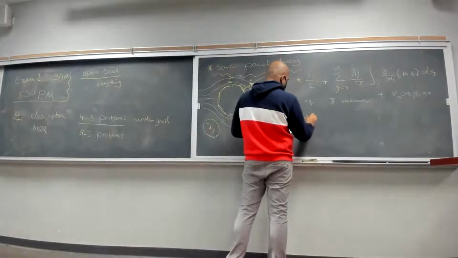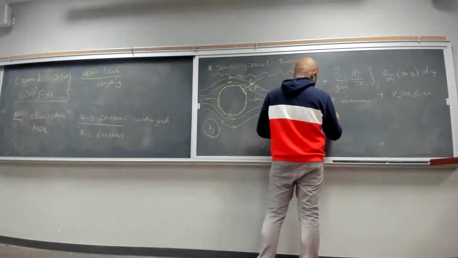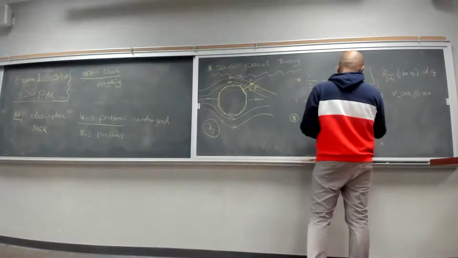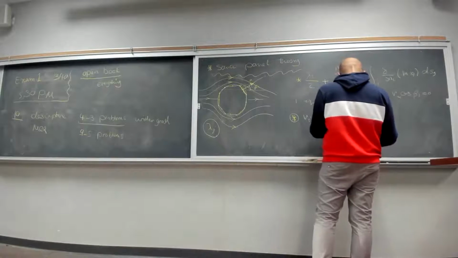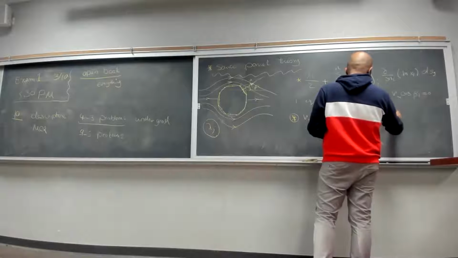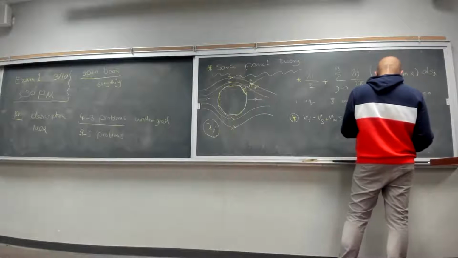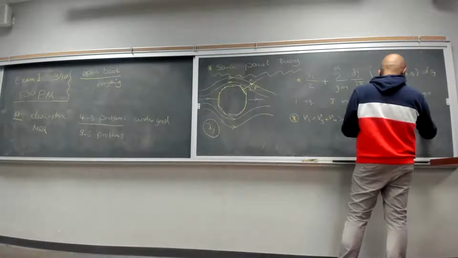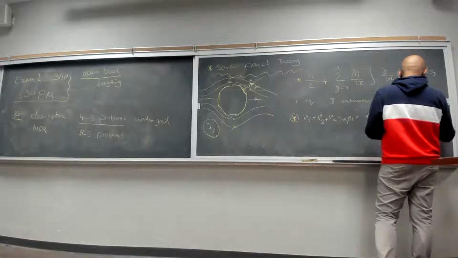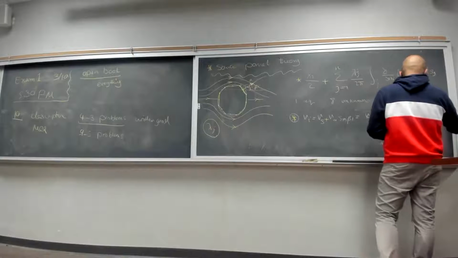Your V of each panel is going to be equal to Vs, V tangential to the panel, plus V infinity sine of beta I, which is equal to lambda I, V infinity sine of beta I plus the sum over j to n, the number of panels, of lambda j divided by 2 pi times the integral of the partial with respect to s of natural log of rij, dsj.